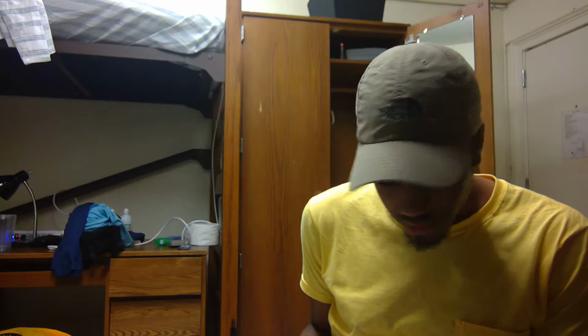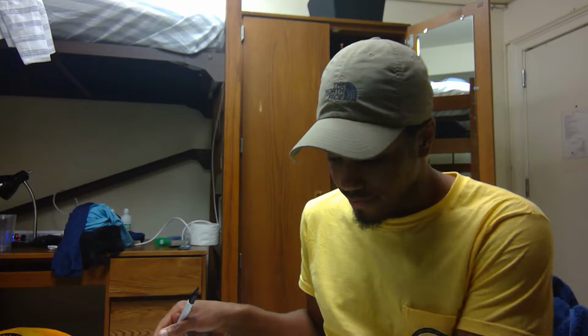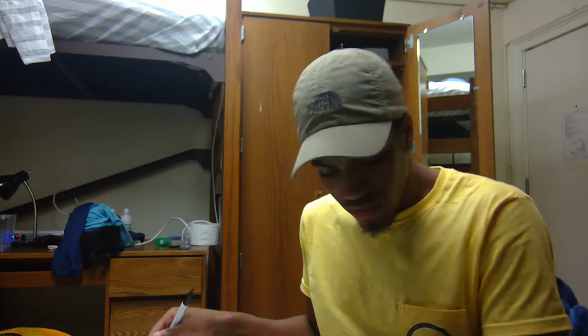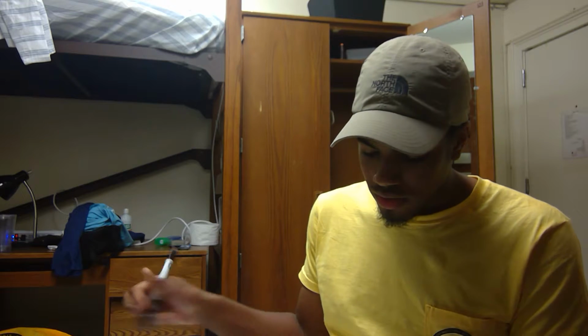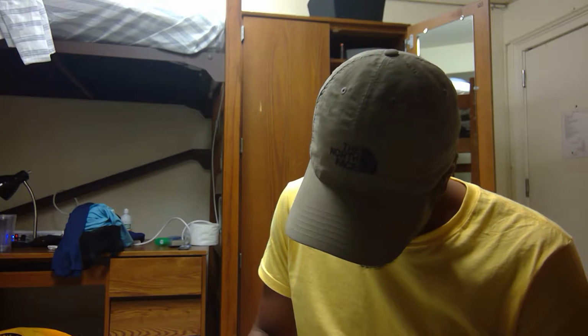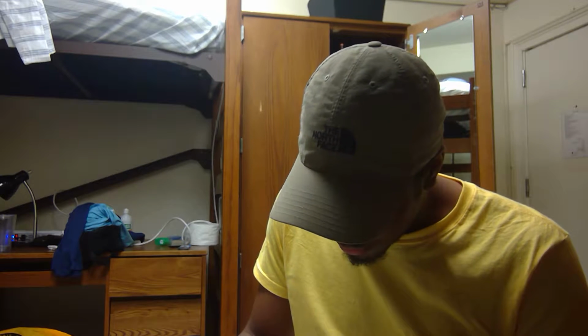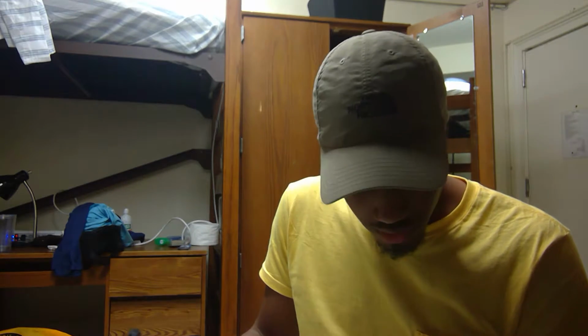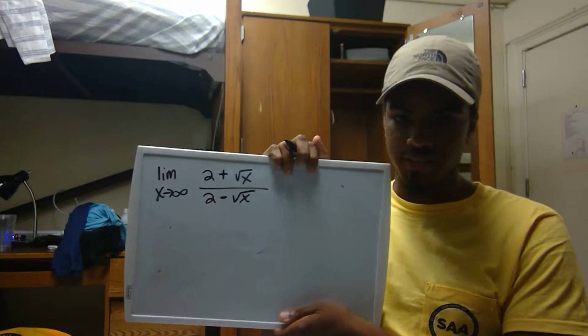It asks us to find the limit as x approaches infinity of 2 plus the square root of x over the square root of 2 minus the square root of x. And it looks like this.